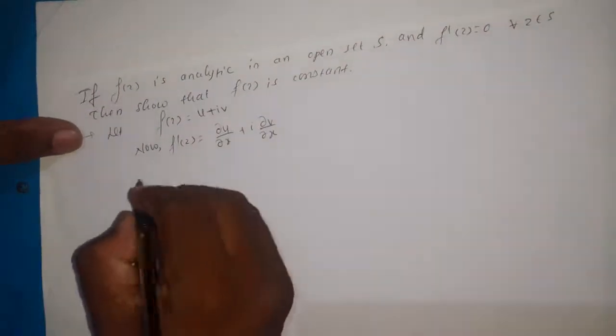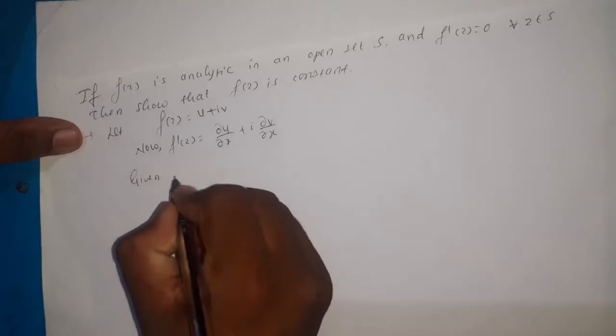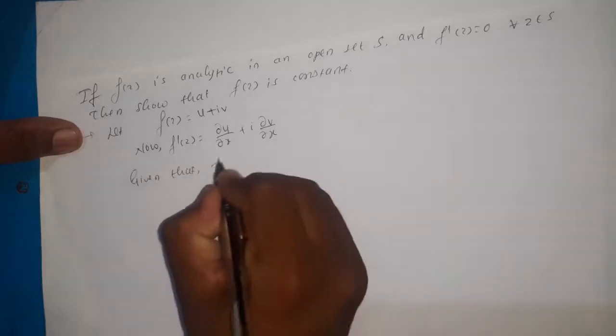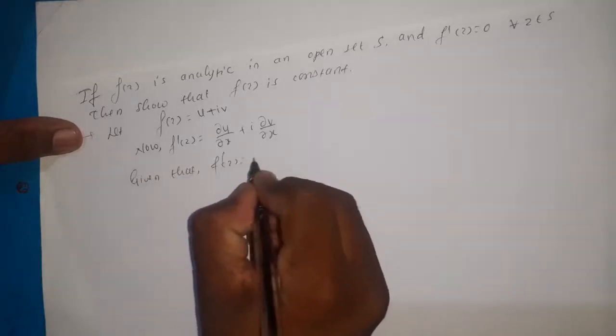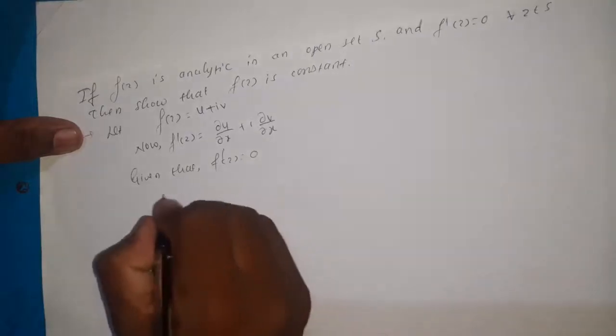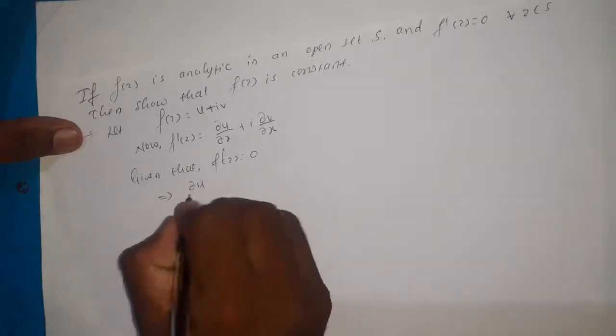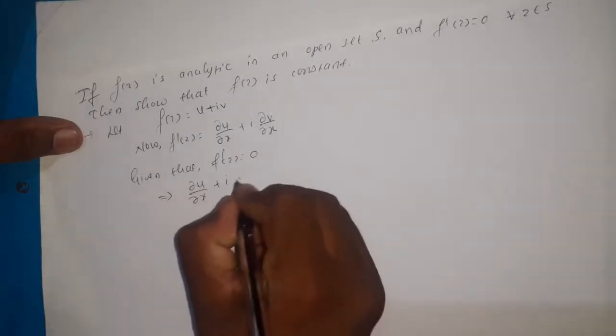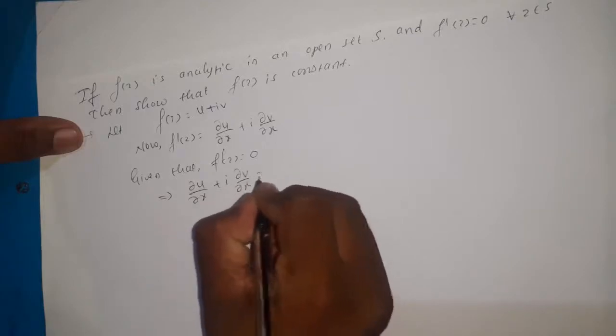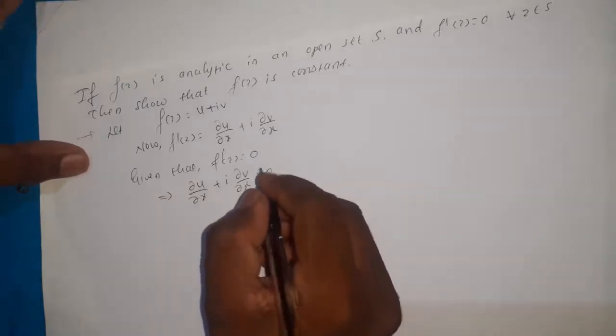Now given that f dash of z is equal to 0, so it implies dou u by dou x plus i into dou v by dou x equal to 0.